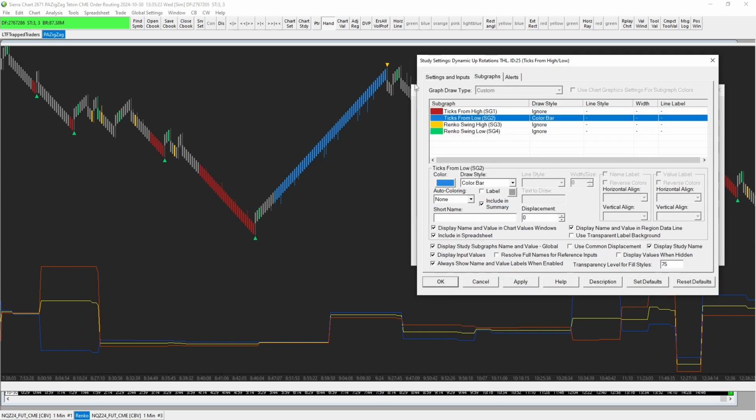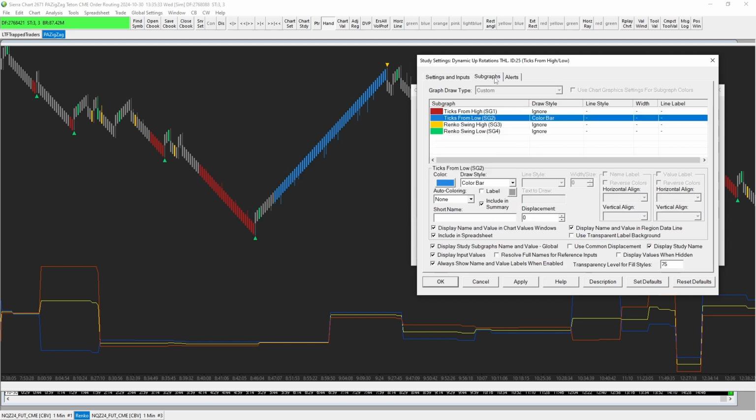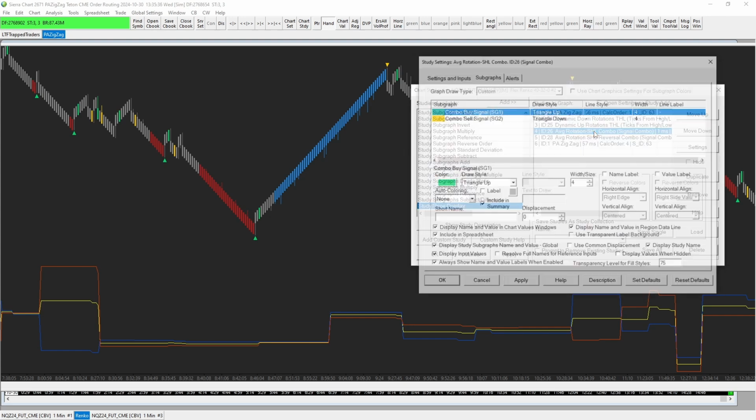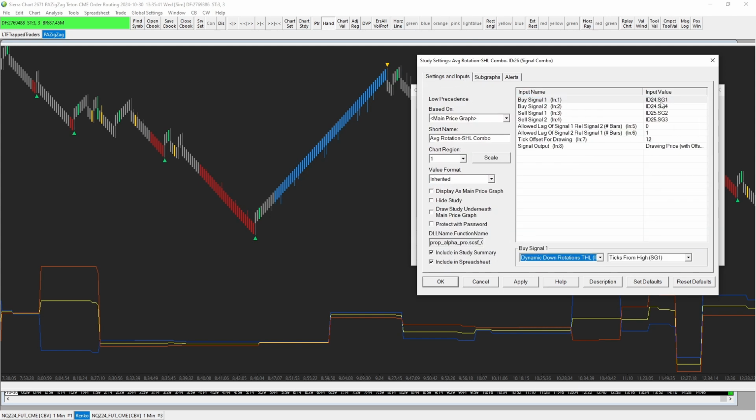So once you're past the last swing low by whatever the average up rotation amount is, these signal combos are generated. For a buy signal, once you're sufficiently far from a high, so once these red bars kick in, and then we notice that we had a Renko swing low, it's going to trigger this as a reversal signal.